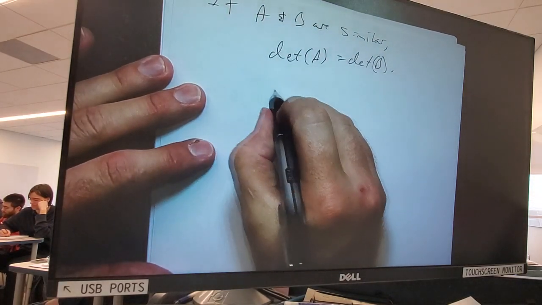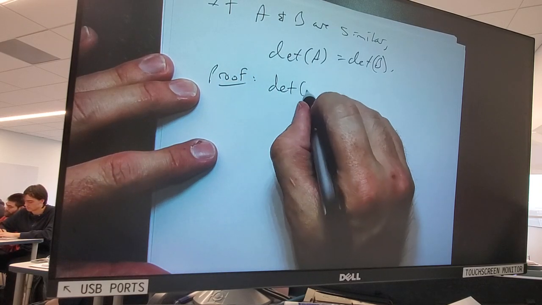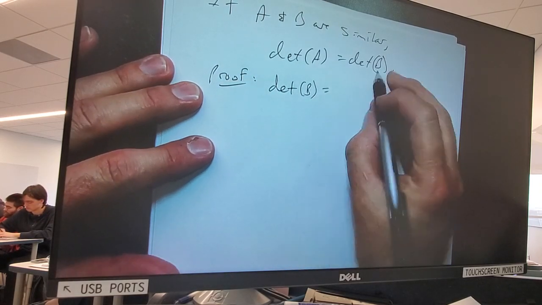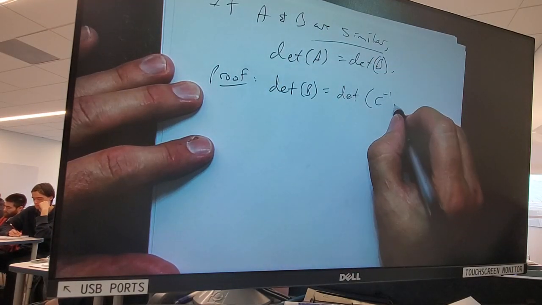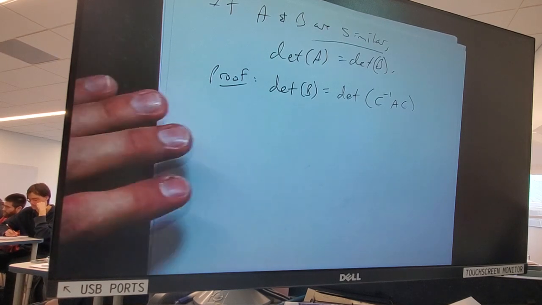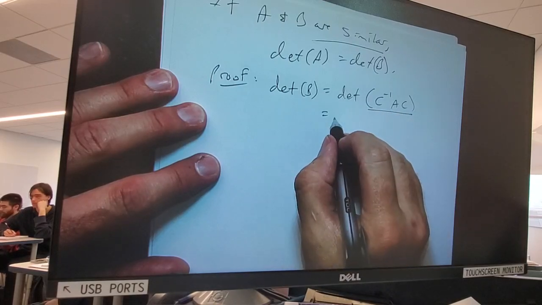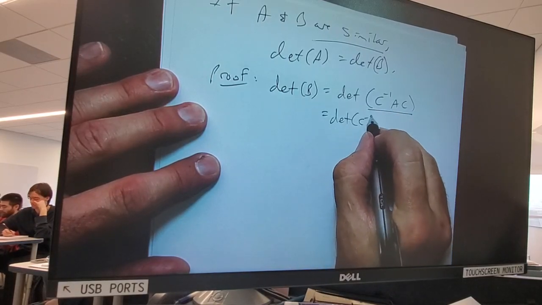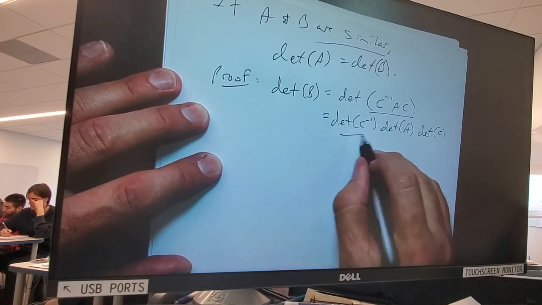And really quick, this is actually really easy to prove. So let's look at the determinant of B. If they are similar, that means I can rewrite B in terms of A like this. Is that cool? Yeah, like that. Whatever that is, C inverse A C. And how do I deal with this? You do determinant of C inverse times determinant of A times determinant of C. Now, aren't these just numbers, each of these?